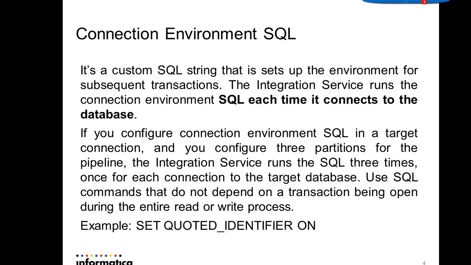So if you configure a connection environment SQL in a target database connection and you configure 3 partitions for the pipeline, the integration service will run this SQL 3 times, once for each connection to the target database. And here there is an example of the command that can be used in the connection environment SQL, which is a set coded identifier on.